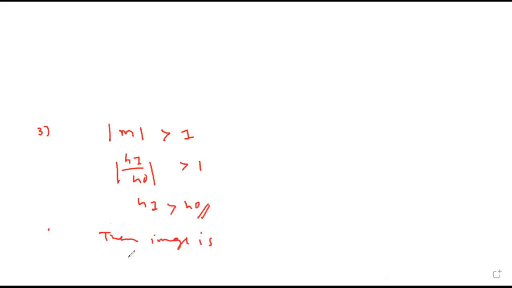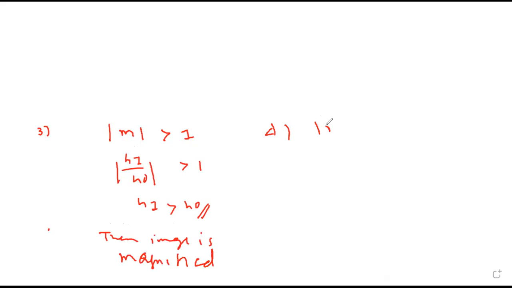If the magnitude of linear magnification is greater than 1, then the magnitude of height of image to height of object is greater than 1. Height of image is greater than height of object in magnitude. Then it is called magnified. Then the image is magnified.